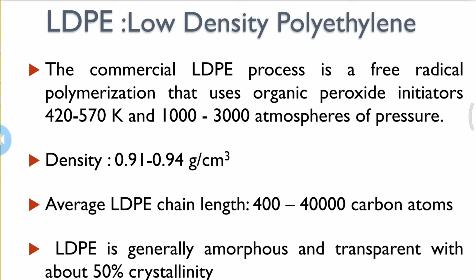The commercial low density polyethylene process is a free-radical polymerization that uses an organic peroxide initiator, H2O2, at 420 to 570 Kelvin, that is 200 degree centigrade temperature, and 1000 to 3000 atmospheric pressure, high pressure, to form low density polyethylene.